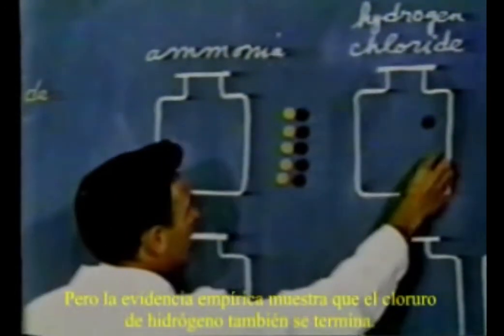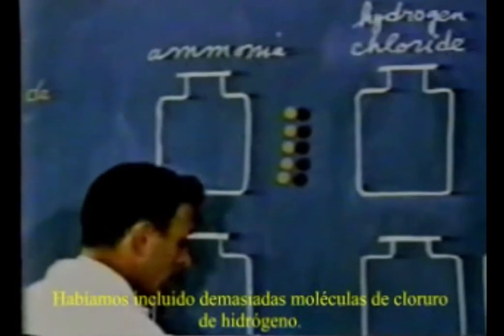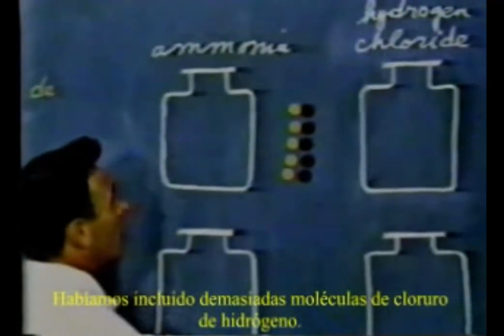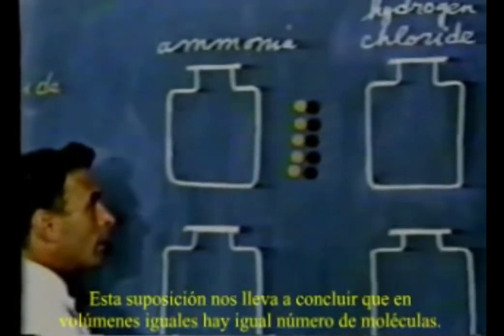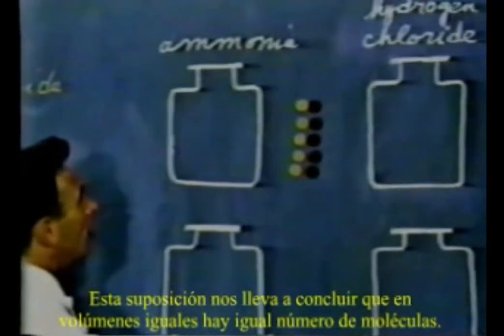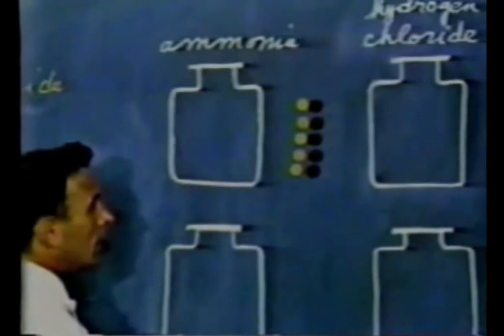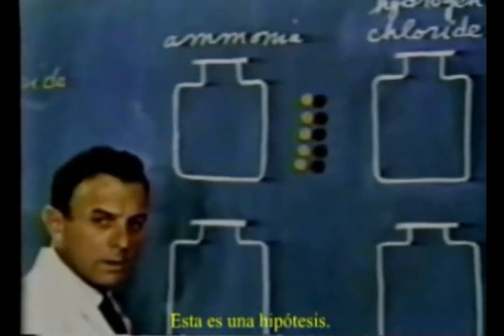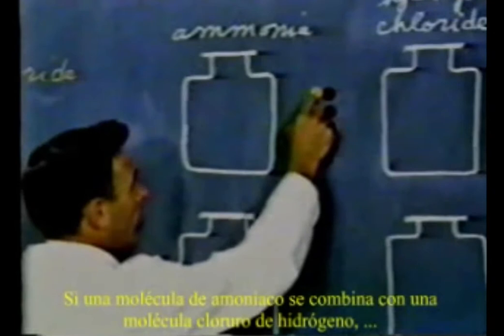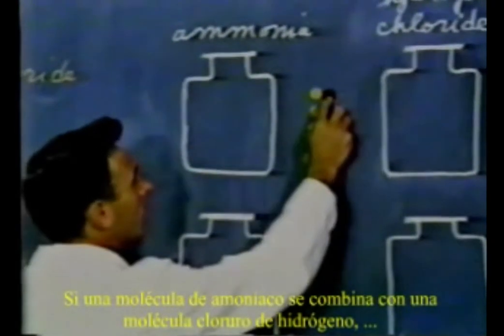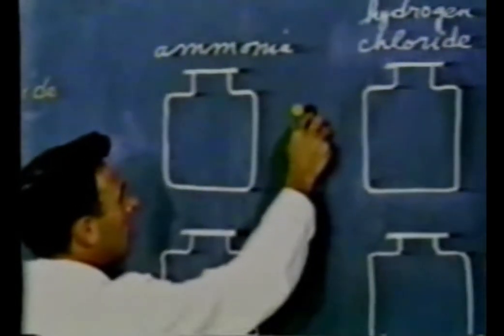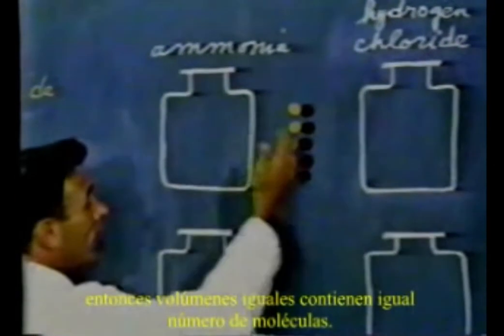We have represented equal numbers of molecules. This assumption leads us to conclude, then, that equal volumes contain equal numbers of molecules. This is just a hypothesis, of course. If one molecule of ammonia combines with one molecule of hydrogen chloride, then equal volumes contain equal numbers of molecules.